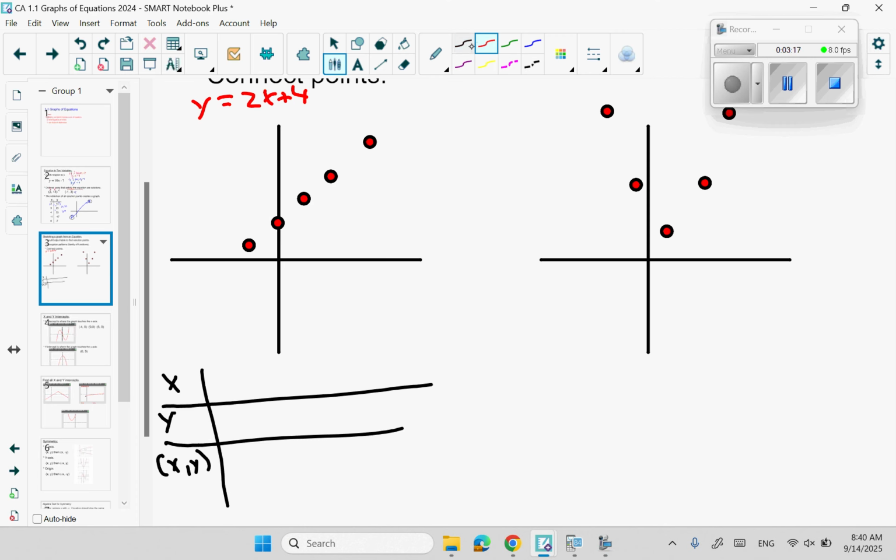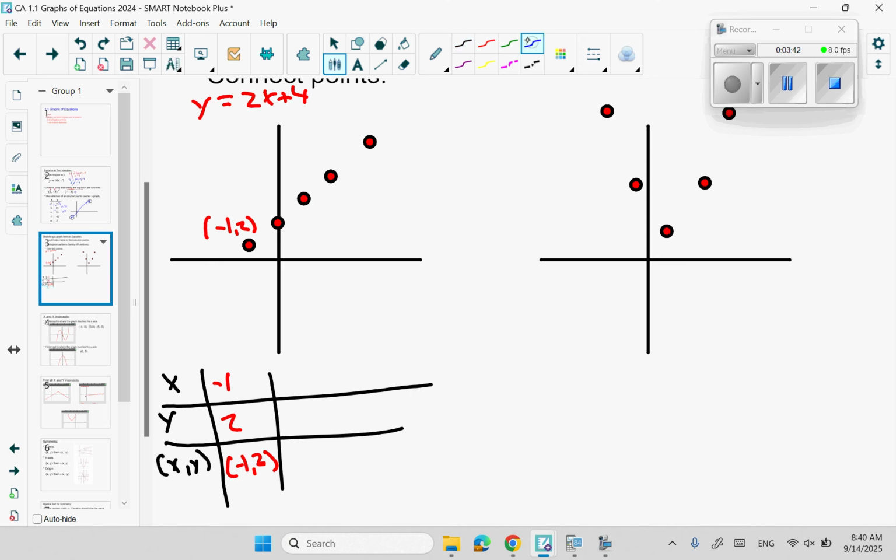And let's say I pick an x value like, I don't know, -1. I can plug -1 into the equation. So 2 times -1 would be -2, plus 4 would give me 2. So I would plot the coordinate -1, 2. So here we get -1, 2.